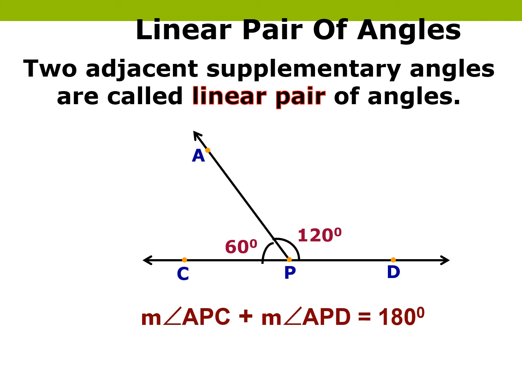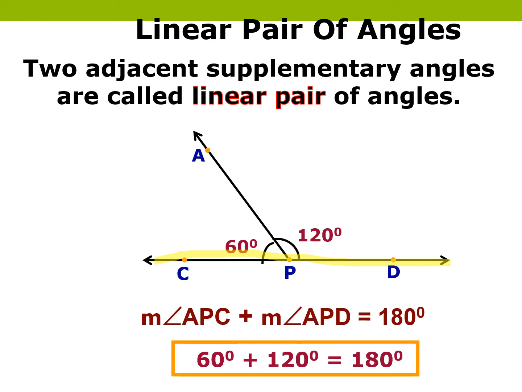So that's the reason why it is known to be a linear pair of angles. It forms like this one. This is the line formed by two adjacent supplementary angles. Okay? So 60 degrees plus 120 degrees is equal to 180 degrees. Next.